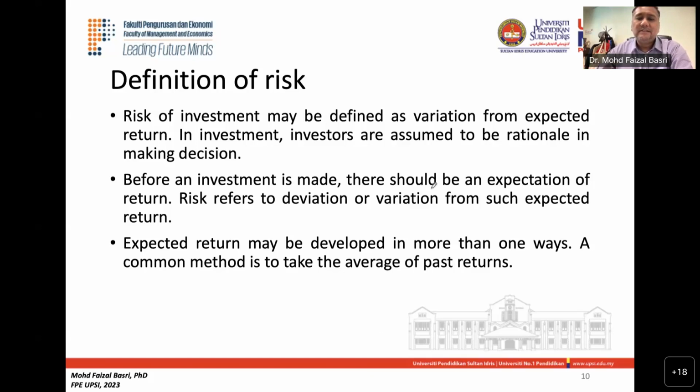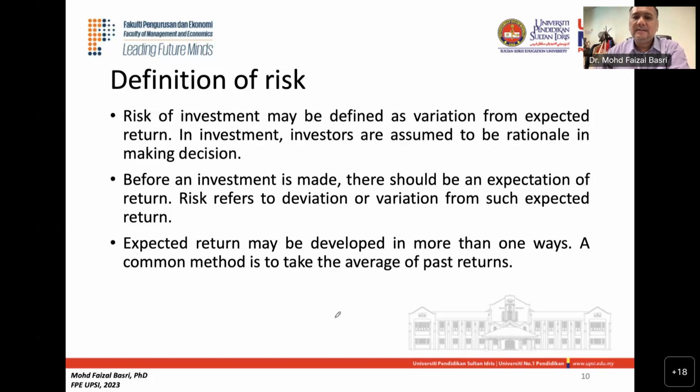So before an investment is made, there should be an expectation of the return. Obviously, we will set some expectations or some goals that you want to achieve, and the deviation or the variation from such returns is called risk. Sorry. So expected return can be developed.